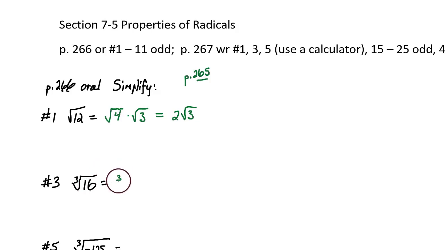So the technique is to rewrite this as the cube root of 8 times the cube root of 2. I hope you agree 8 times 2 is 16. This is just another way to rewrite the original problem. Now evaluate the cube root of 8. It's 2, but leave the other piece in its radical format. Here's the simplified version of this problem.